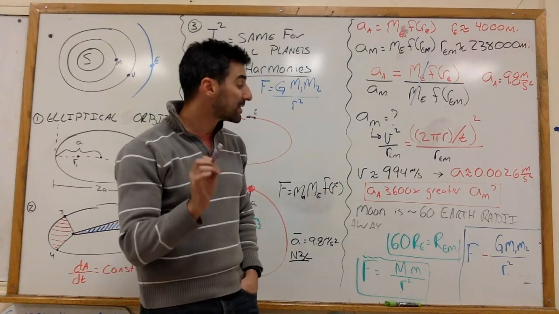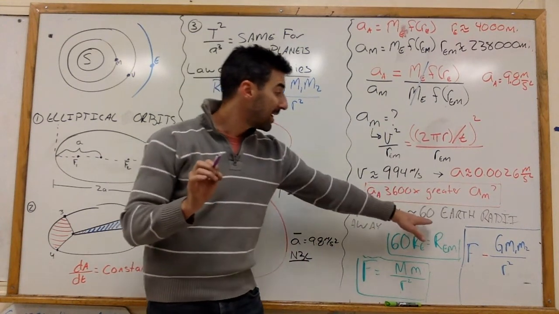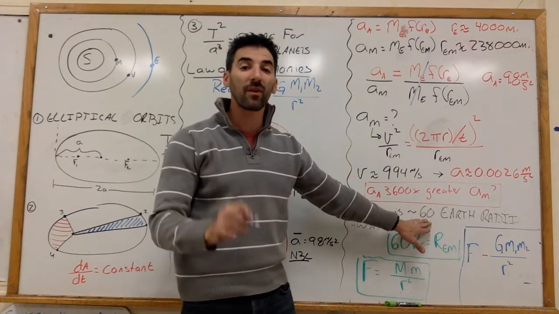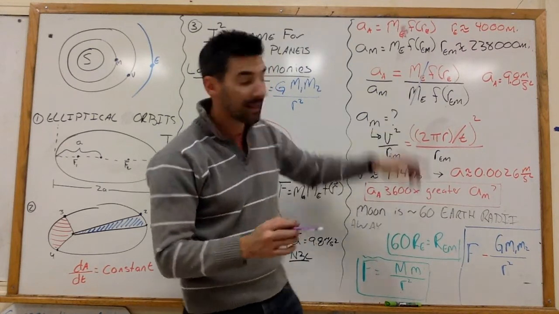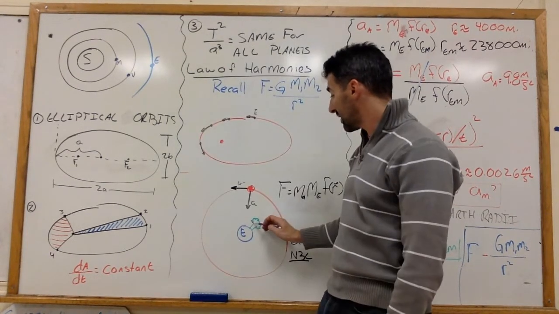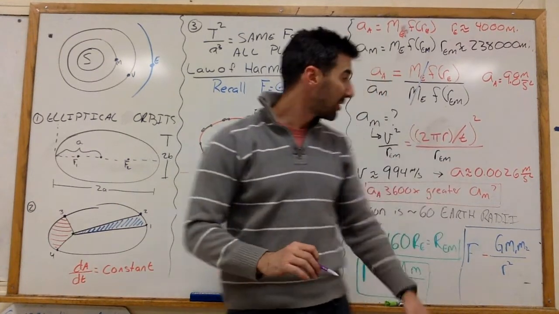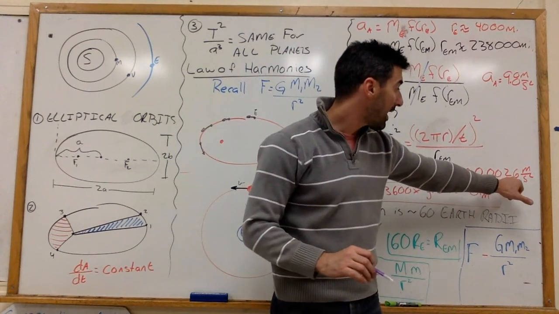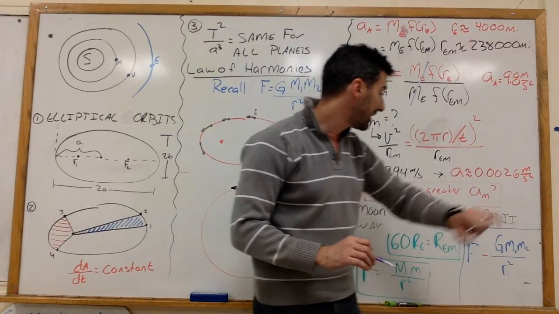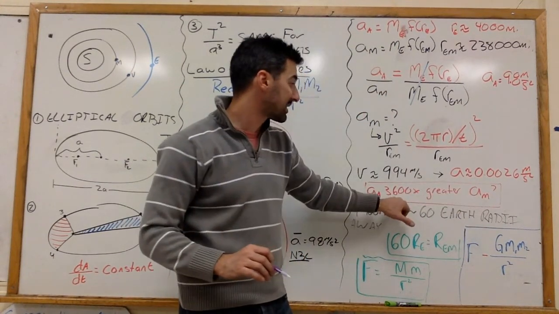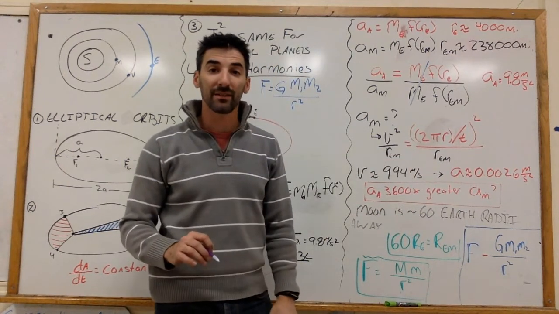But what we also can figure out is the moon is about 60 times further away than the apple is from the center of the Earth. So if I take that number and multiply it by 3,600, I get about the acceleration of gravity.